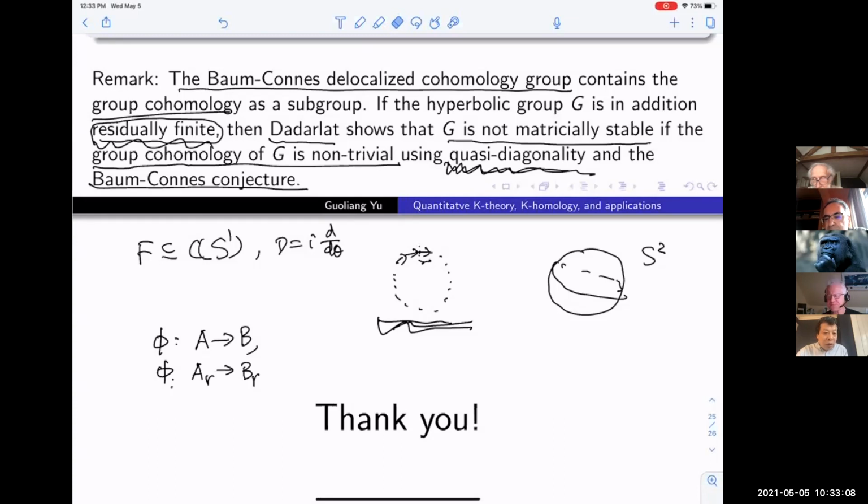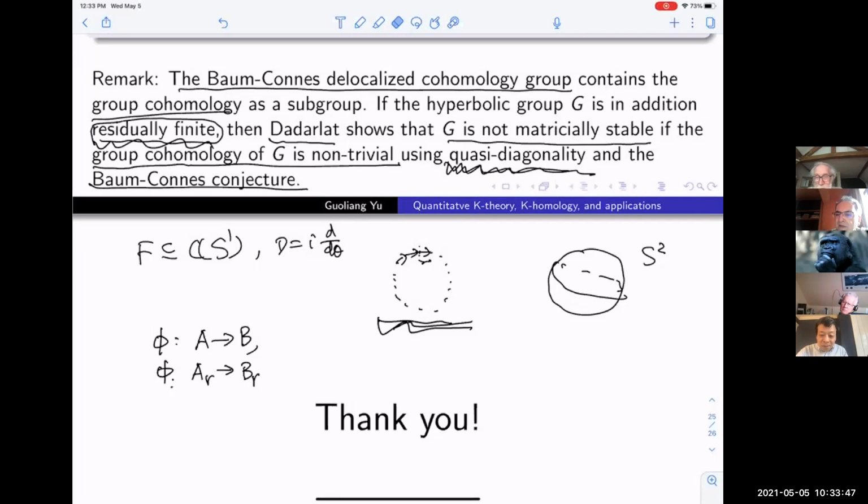But on the other hand, in one of the papers of Alain with Henry, and later Michael Puschnigg, they developed asymptotic cyclic cohomology theory that might fit better. At some point I thought about how to pair Alain's cyclic cohomology theory with this quantitative theory, but that's a very interesting question. Okay, thank you very much.